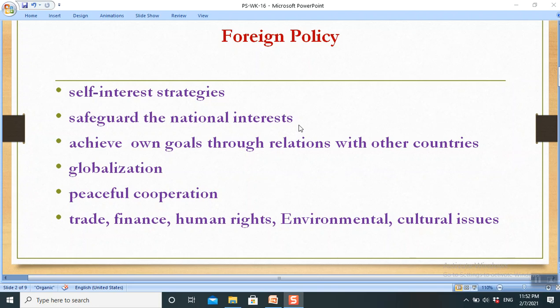Clear? As I was hitting the point, foreign policy is a very important factor in the existence, development, progress and prosperity of a country. These are self-interested strategies to safeguard national interests and to achieve one's own goals through relations with other countries.